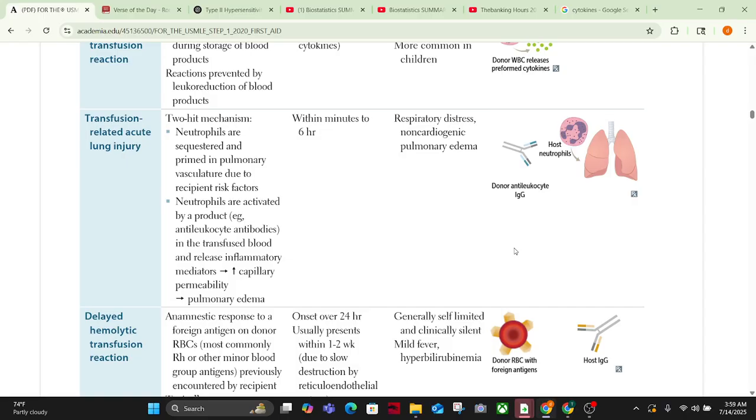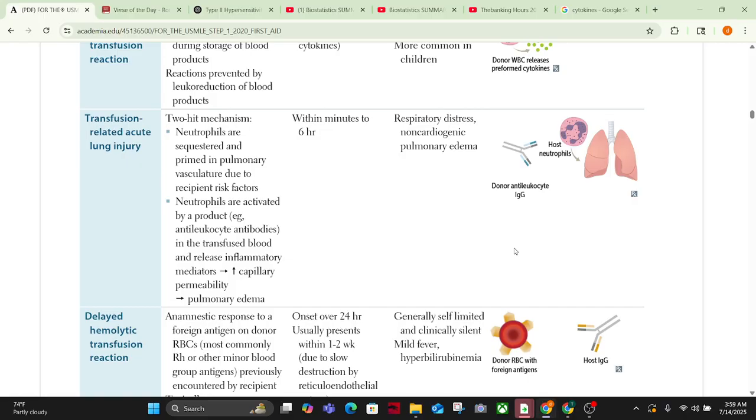Neutrophils are activated by antibodies in the donor's blood, and the recipient will get edema in the lungs. So neutrophils are sequestered and primed in pulmonary vasculature. So neutrophils are gathered in one spot in the host.